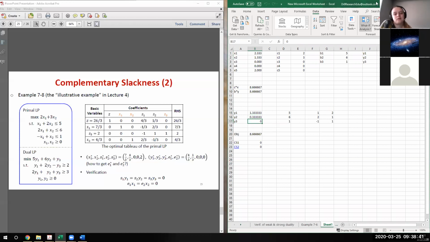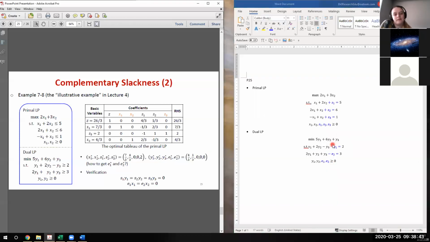Question, how can you calculate E1 and E2? Because I do have E1 and E2. How would you calculate E1 and E2? Simple. As you already know Y1, Y2, and Y3, the next job is nothing but to substitute.